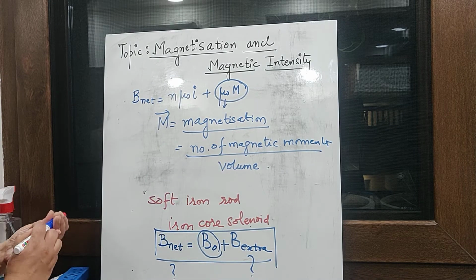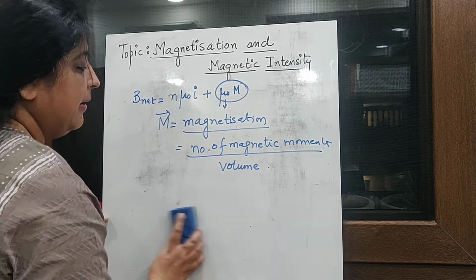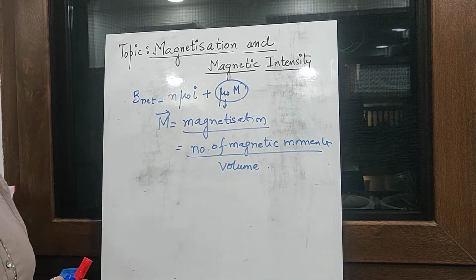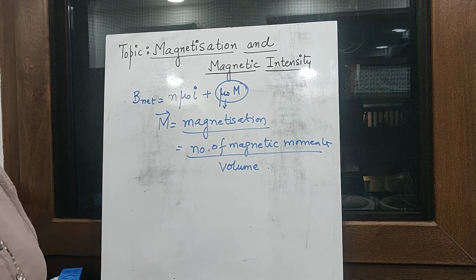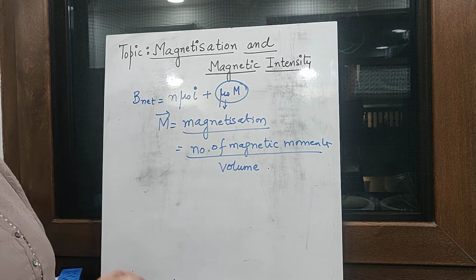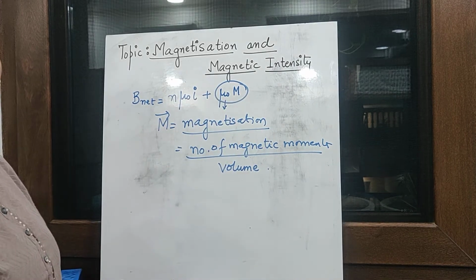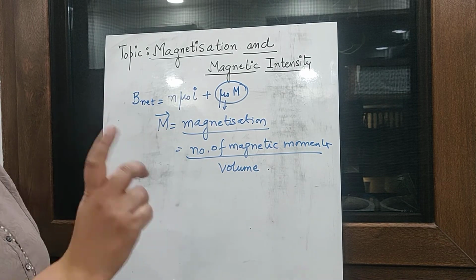So, if you really want to understand this case, you can take the help of electrostatics. And in previous videos, you have also learned that magnetization and magnetism has certain things which go parallel with electrostatics. There is some change in the terminology.